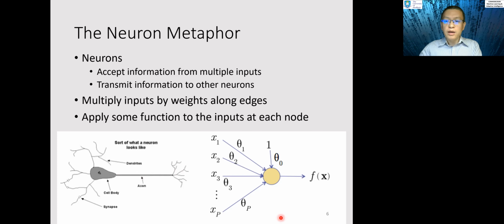Therefore, in machine learning, we model the neurons in a similar fashion, where the inputs are multiplied by weights along the edges, and then we apply some function to the weighted inputs at each node, and then transmit a signal, which is f(x) over here.